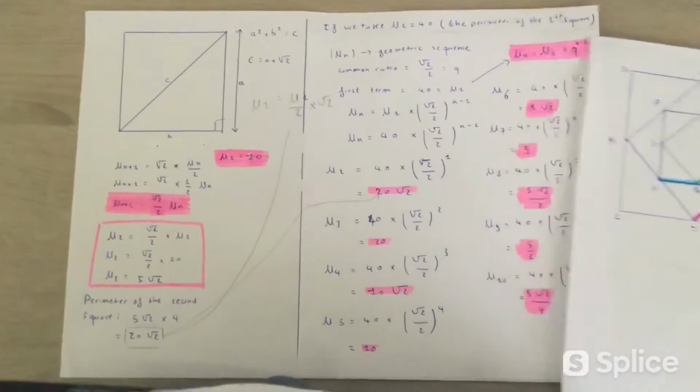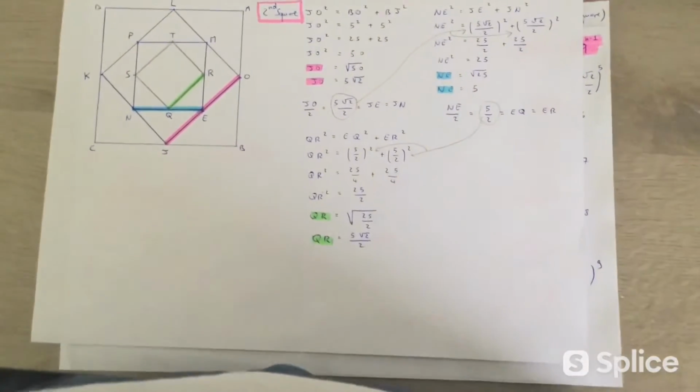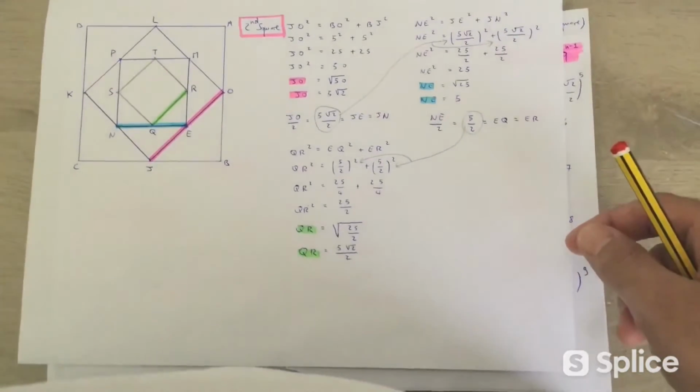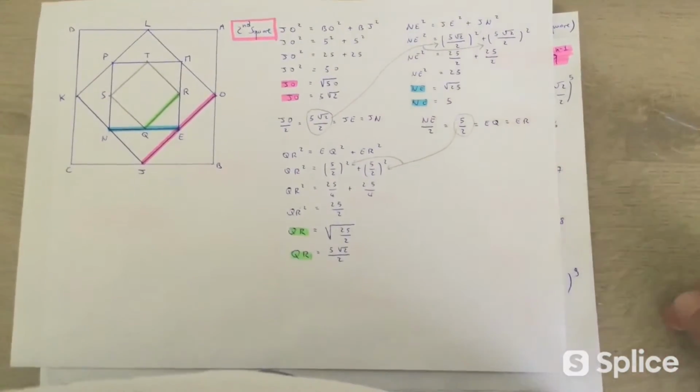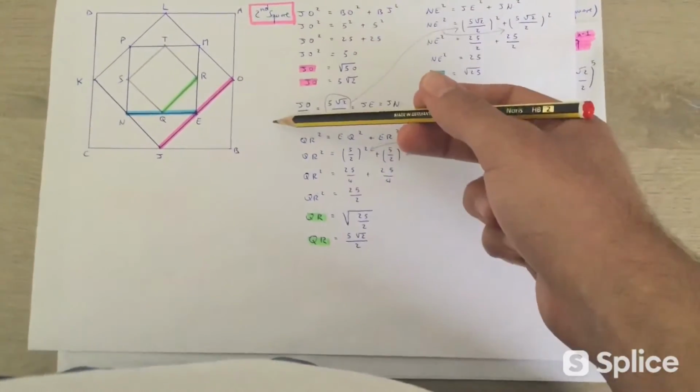So the sequence that I created from this formula had to take into account that each inner square had the length of the hypotenuse of a right triangle whose short sides were half the length of the outer square.